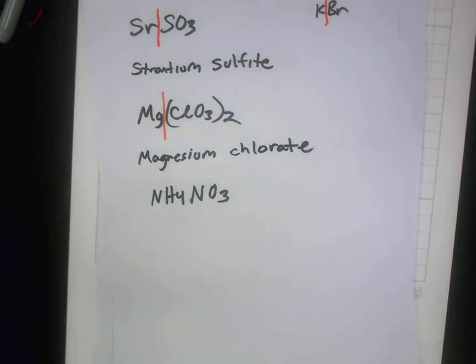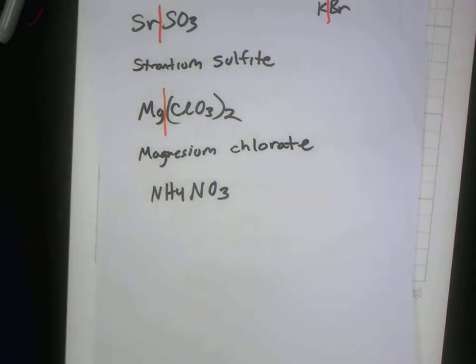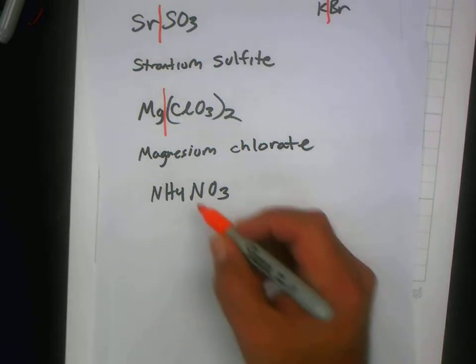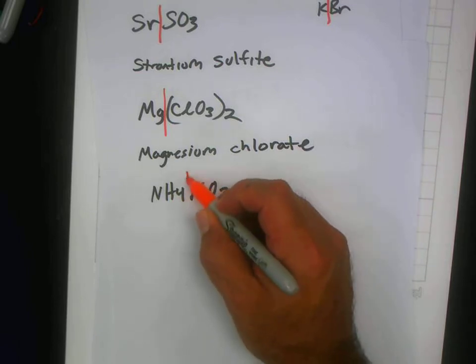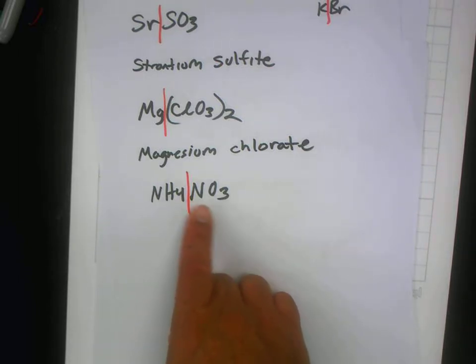No. Once again, it's an ionic compound, and it's made up of two ions. And remember I said that your cations usually are metals with the one exception, when ammonium, NH4, is your first ion. So NH4 is your first ion here. We're going to break it up like that. This is actually a combination of two polyatomic ions, NH4 and NO3.